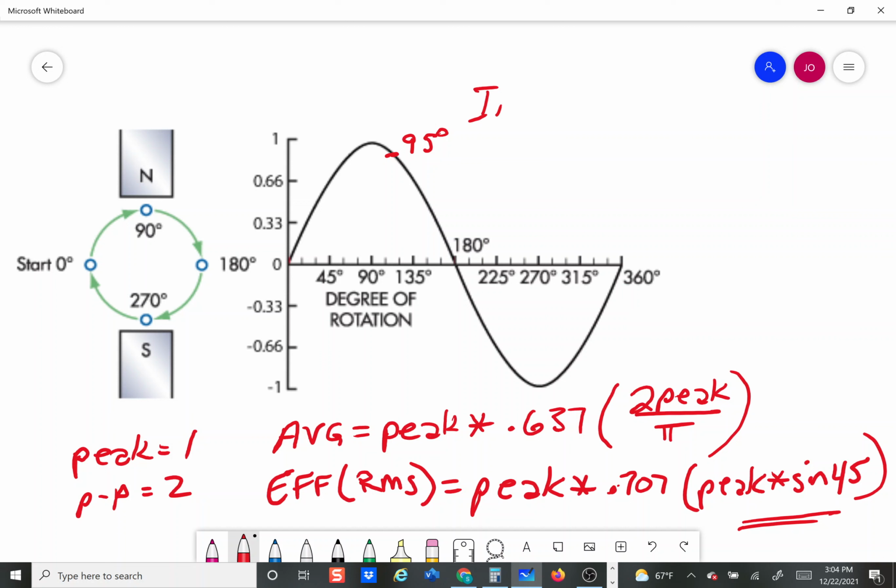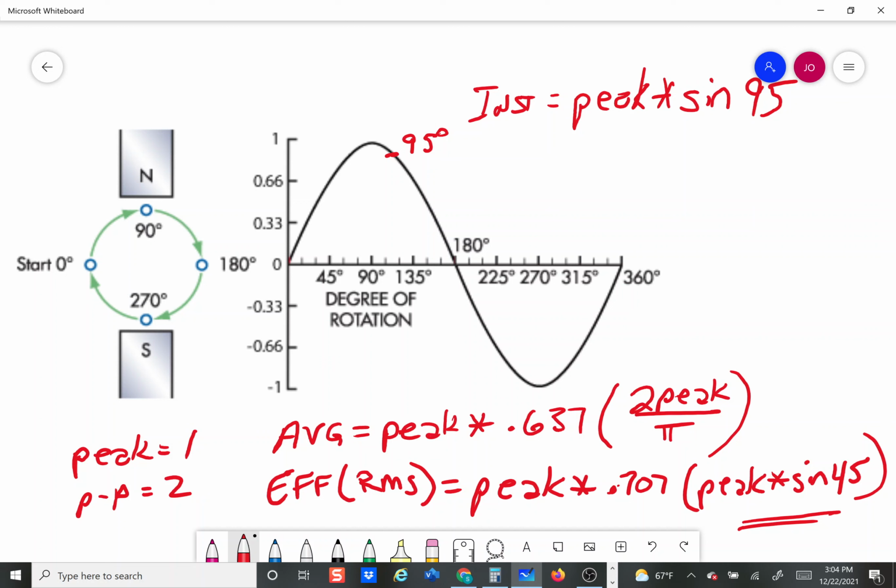And I'm going to take my instantaneous voltage, and that is going to be equal to my peak voltage simply times the sine of whatever value I'm looking for. In this case, it'll be the sine of 95. All right, so that's how I find instantaneous. I just take the sine of whatever angle they're talking about times the peak voltage value. That's pretty much all there is to it.